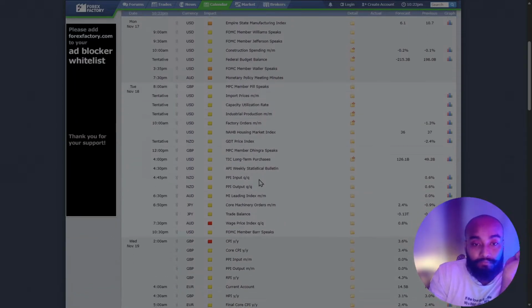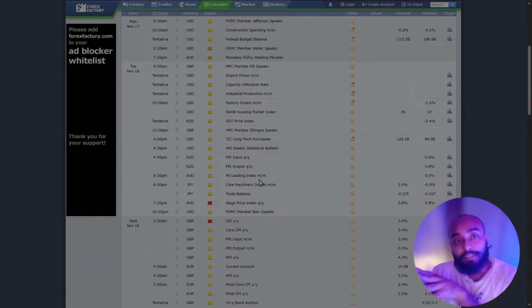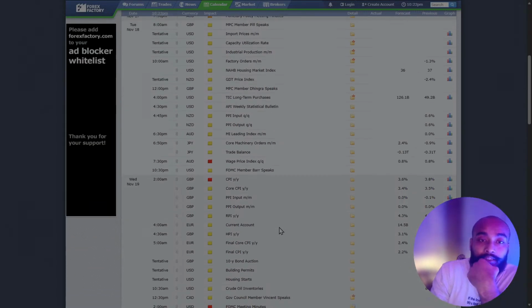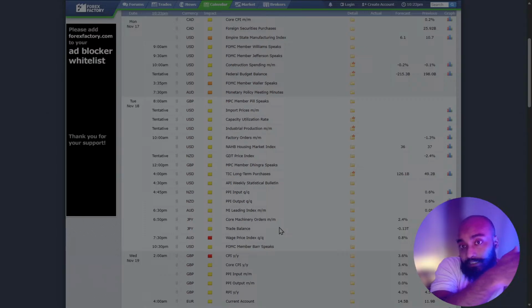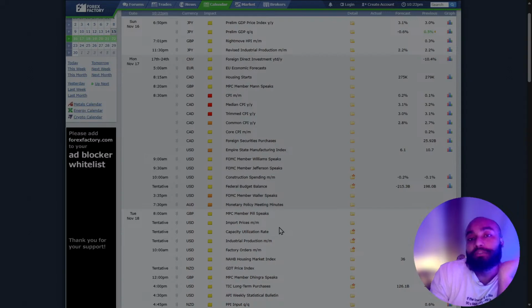On Tuesday we have less volatility on CAD, because the news has ended the previous day. USD is also going to have less volatility, and the Aussie dollar will have volatility. So Monday is simple: we have volatility only in CAD, and no volatility on any other pairs.